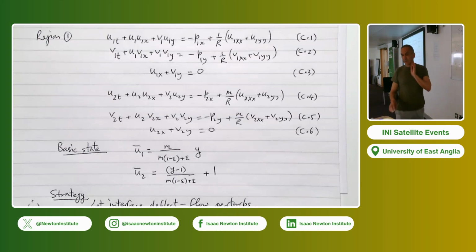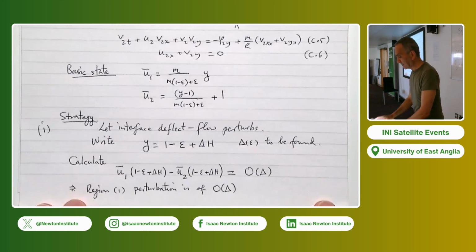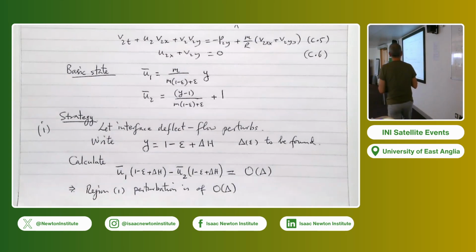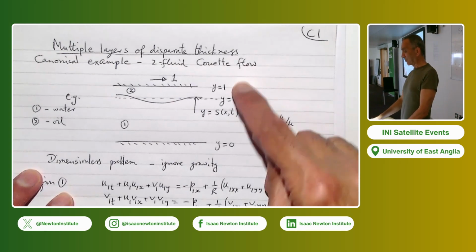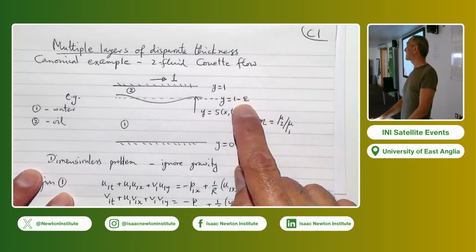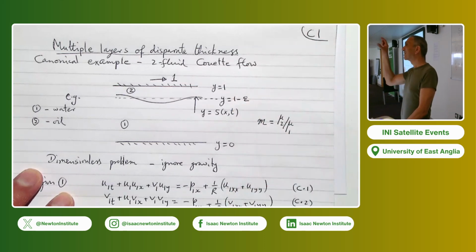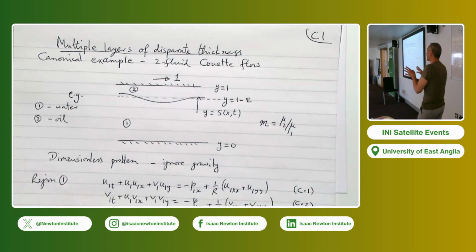Again, what I want to do is do this very systematically. In the scaled equations, after I non-dimensionalize, the upper wall is at y equals 1, the interface is at 1 minus epsilon, where epsilon is small. That's the only small parameter in the problem, nothing else.